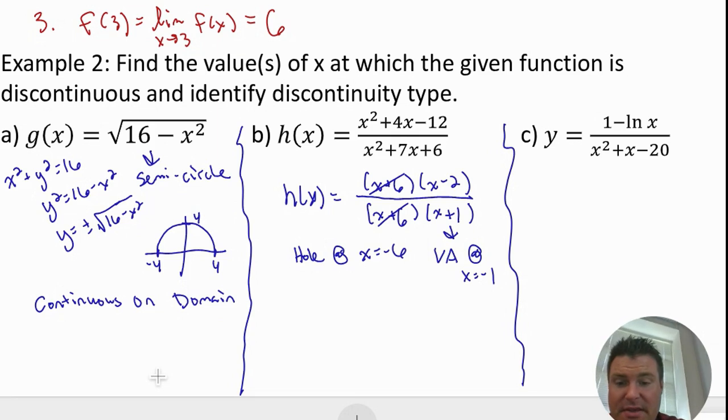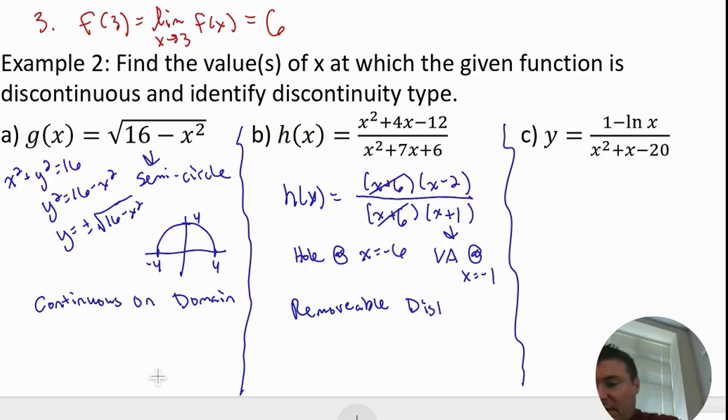For the negative 6, since it's a hole, that is known as a removable discontinuity at x equals negative 6. I don't know if that's how you spell removable. If I'm wrong, please let me know in the comments. Or if I'm right, please let me know in the comments.